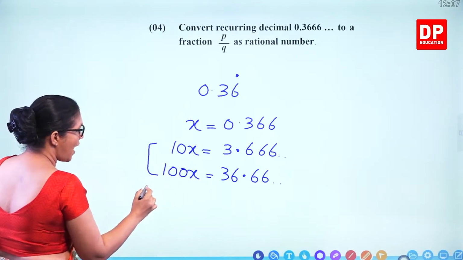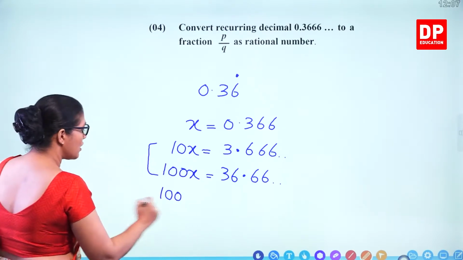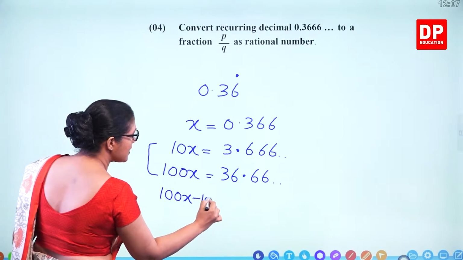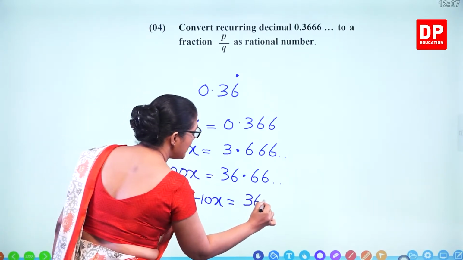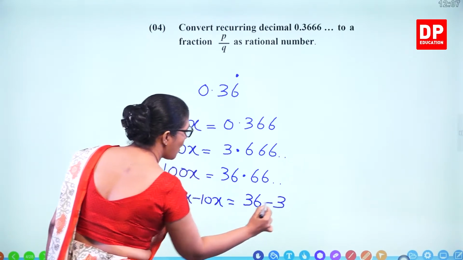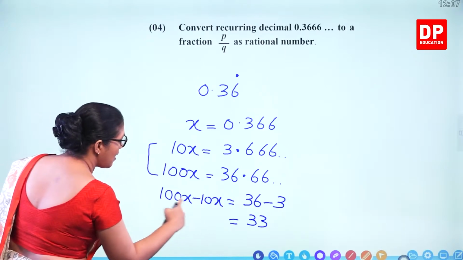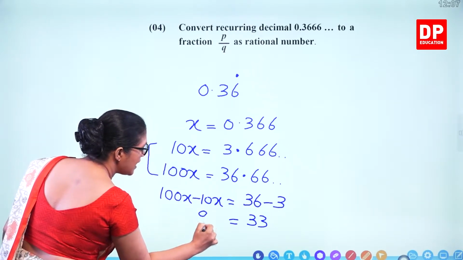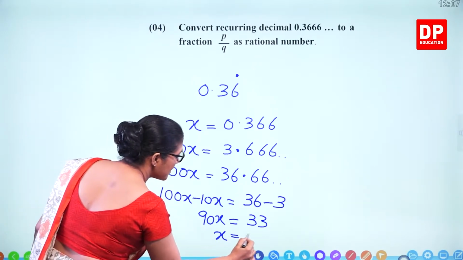When you subtract these two, you get the rational part. 100x minus 10x equals 36 minus 3, because the decimal part gets cancelled out. So you get 33. 100 minus 10 means 90. 90x equals 33.